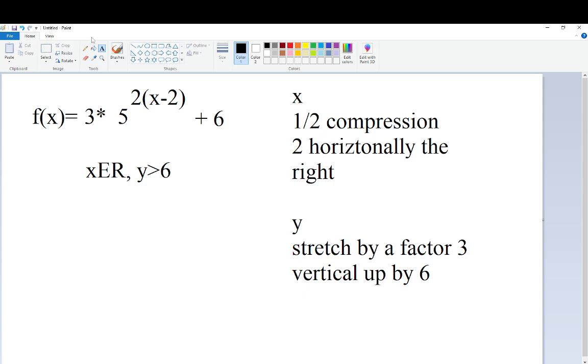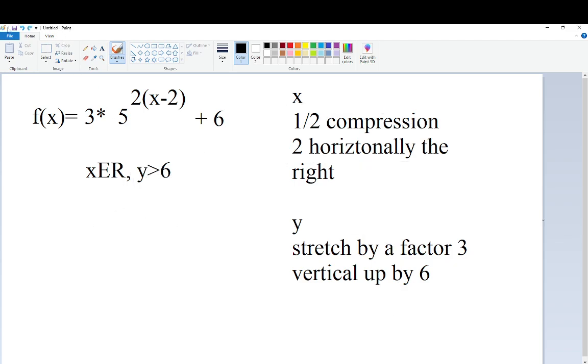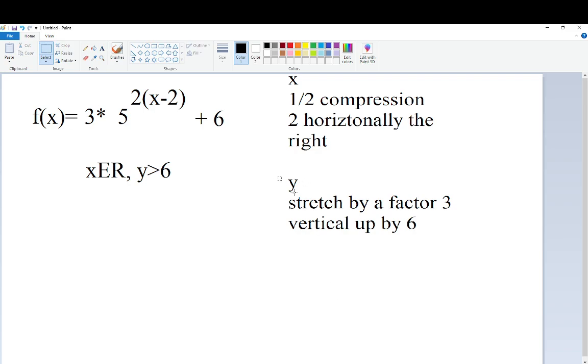What happens in inverse? Every y thing becomes an x thing. Every x thing becomes a y thing. All these x translations become the y translations, and all these y translations become the x translations. Now look how quickly I can cheat. So I'm just going to move these up and shrink them a little bit. Like that.